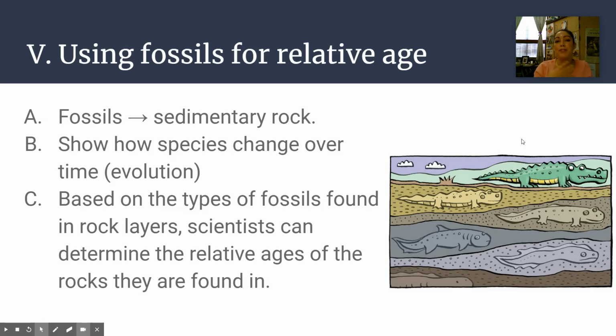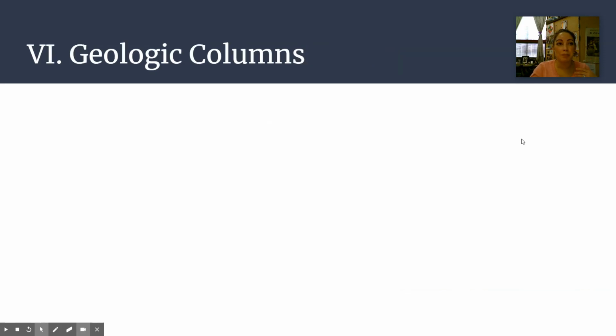So the more fish-like and less reptile-like the organism, I can guess it's probably an older rock layer, if I know it's related to the modern reptiles that we have here. So based on the types of fossils that you find in your rock layer, scientists can use that to help estimate the ages and figure out relative age.